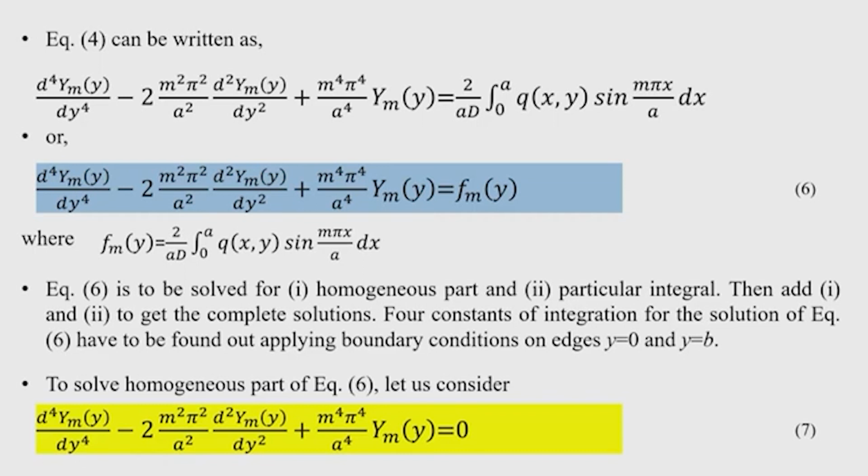We have not spelled out any boundary condition on the other 2 edges. In Levy's condition, when we started the formulation, we stated that the 2 edges x equal to 0 and x equal to a are simply supported. So, for the other 2 opposite edges, y equal to 0 and y equal to b, the boundary condition is still not specified.